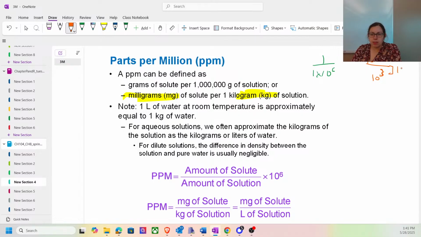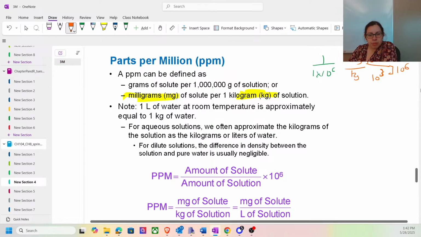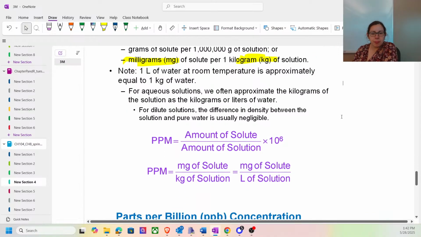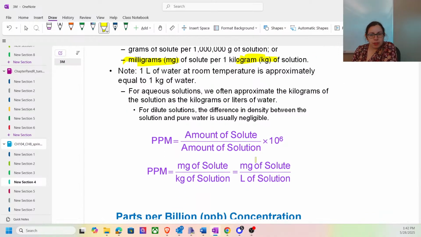And so that gives us our 10 to the 6 factor of difference there. So I much prefer that. So again, milligrams per kilogram gives us parts per million. So that's a good conversion factor there. So again, I would kind of highlight that.